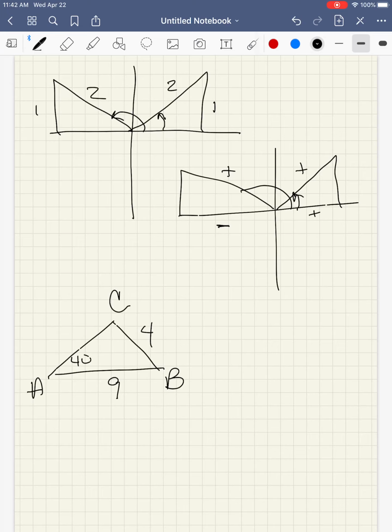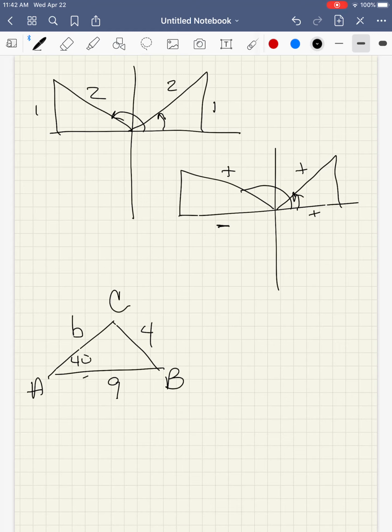All right, so in this case, this is side B. What would we need to find first? Or what could we find first? We could use the law of cosines and find, no, we could find angle C using law of cosines.